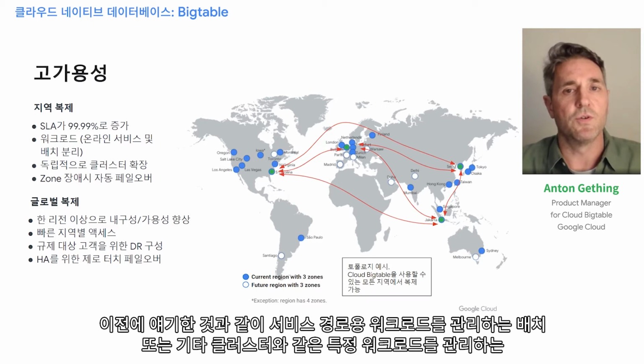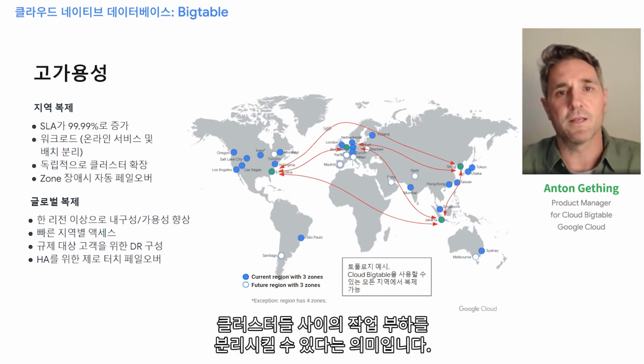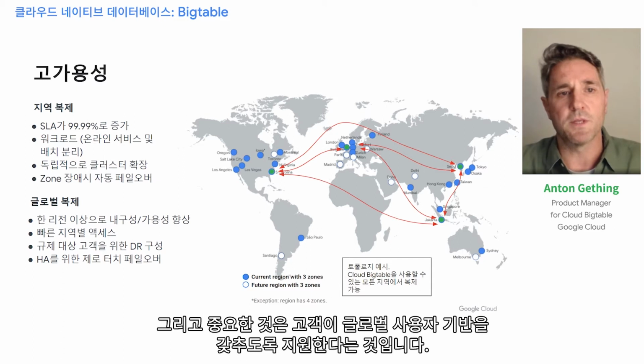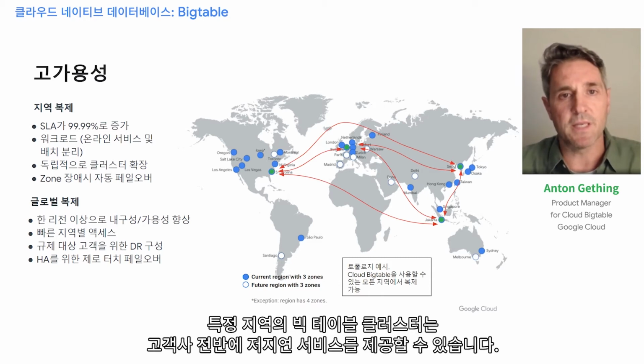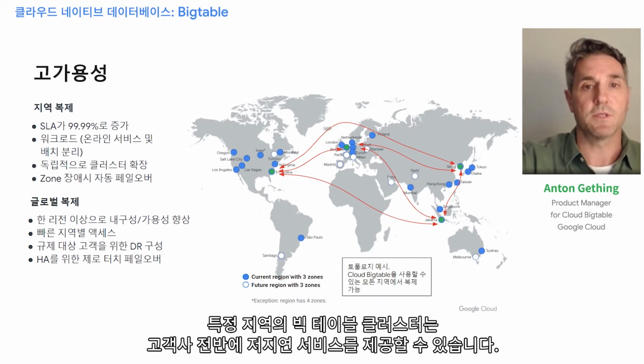You are able to isolate your workloads between clusters, having clusters manage certain workloads like batch, or another cluster managing a workload for your serving path. It also helps, importantly, for customers who have a global user base. You can provide the low latency serving in your particular region. So a Bigtable cluster in a particular region will provide locally low latency access for those customers.